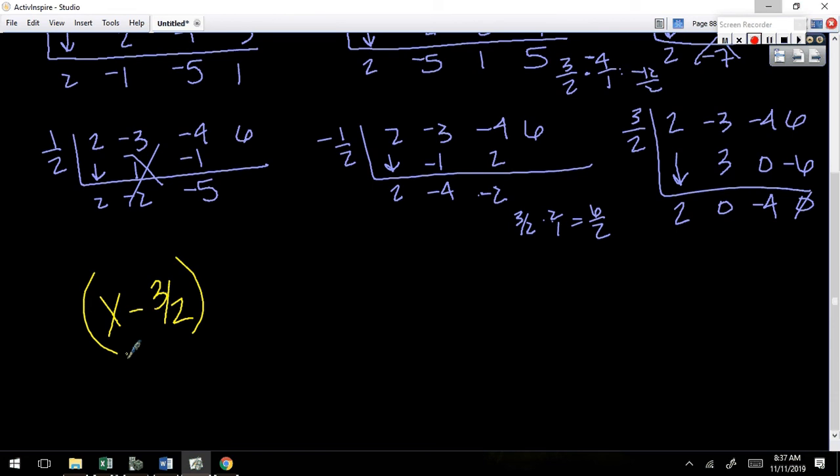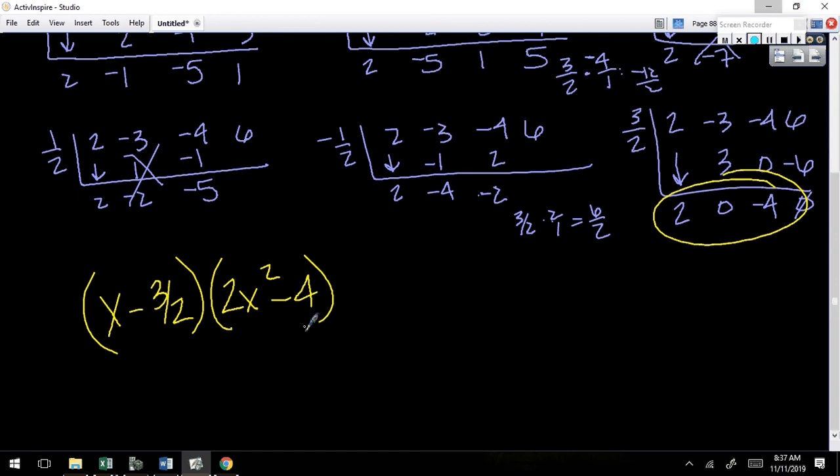You got 2x squared plus 0x minus 4. Now remember, I have to factor completely because my whole goal is to find the zeros.